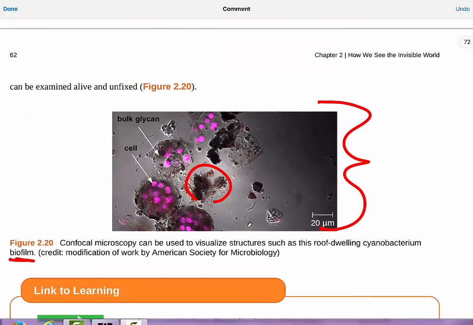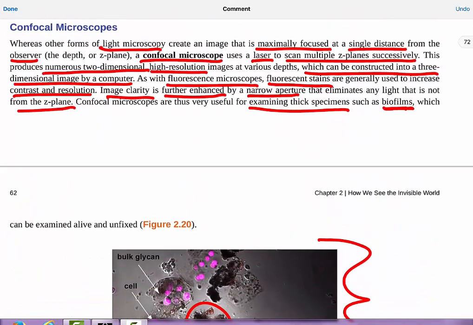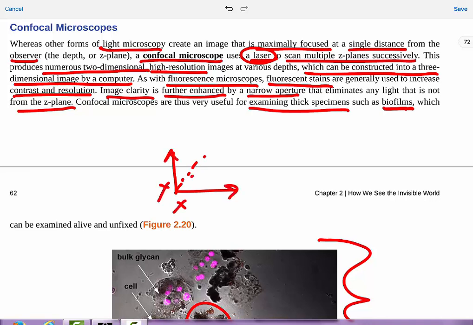I can go up one more time here. So again, it's a confocal microscope, and it uses a laser in this case. So again, we're not talking about just shining a light bulb on it. And it can scan multiple Z planes successively. Remember the X and Y and then Z. This is a graph here, X, Y, Z, with the depth plane.